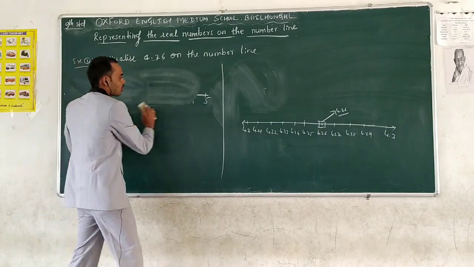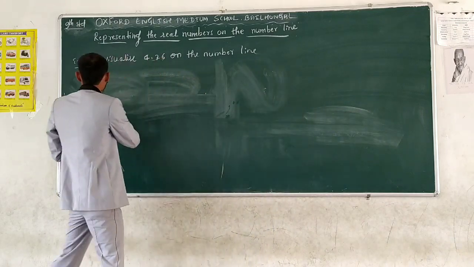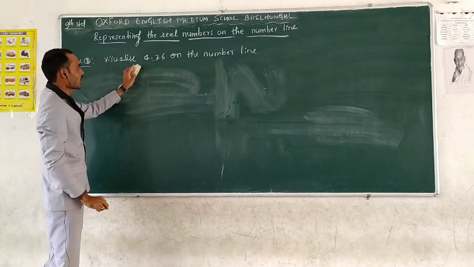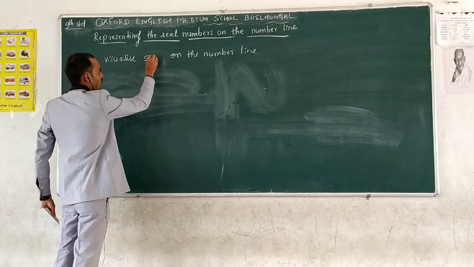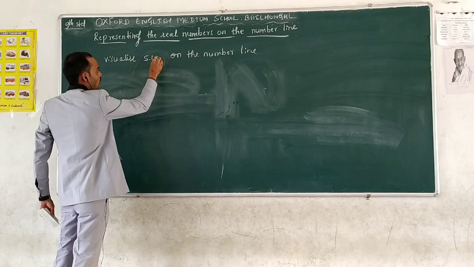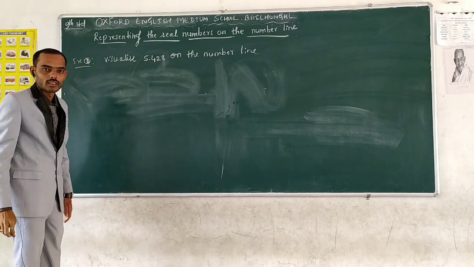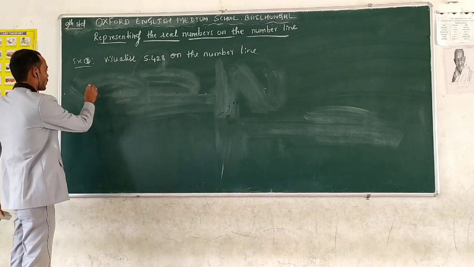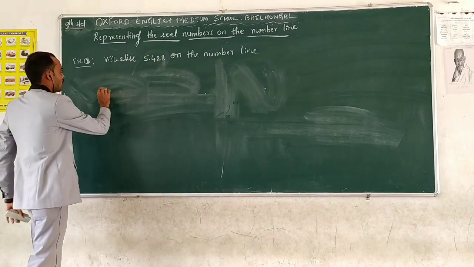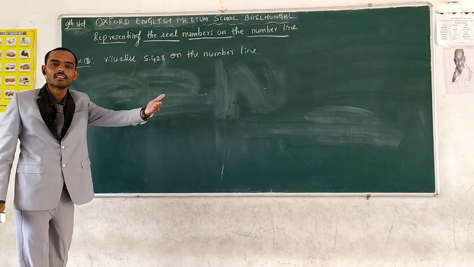I will take the same question, but example number 2: visualize 5.428. I will take a three-digit number. In the first step, 5.4 is in between 5 and 6.